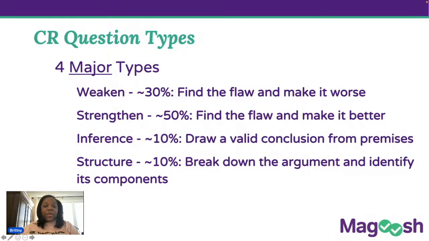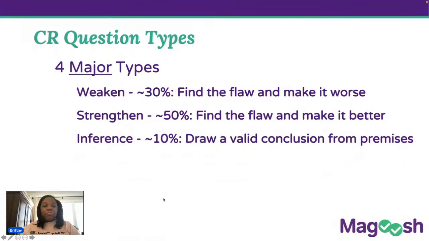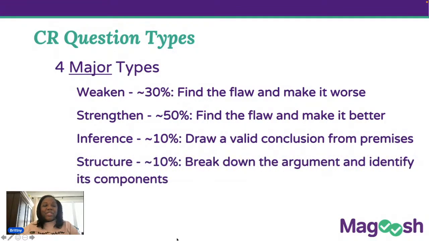Now, keep in mind, guys, that this is just talking specifically about the four major types. These aren't the only types, and that's an important distinction because there are other question types that you might see on the test, okay?